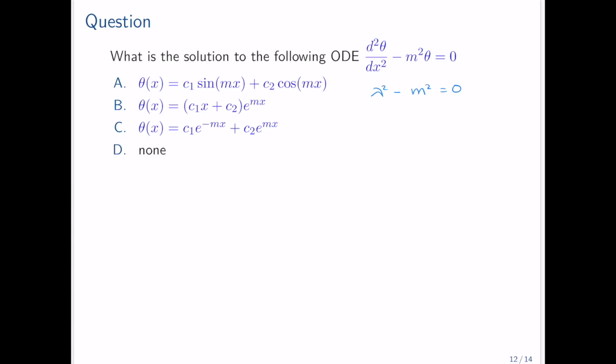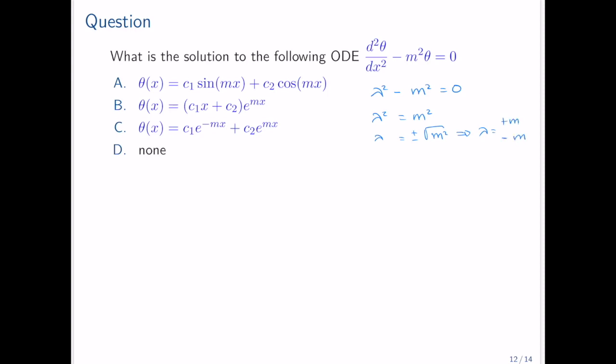We solve this algebraic equation for lambda, so we have lambda squared equal to m squared. Taking the square root on both sides, lambda is equal to plus or minus the square root of m squared. So lambda is equal to plus m or minus m.